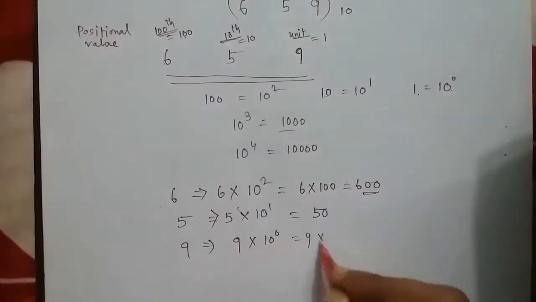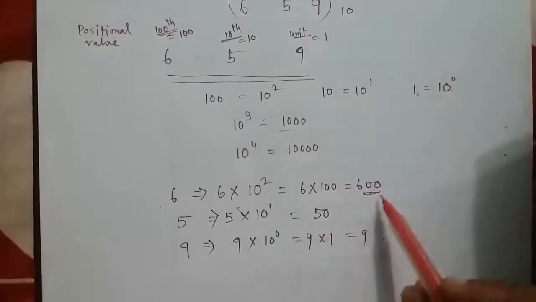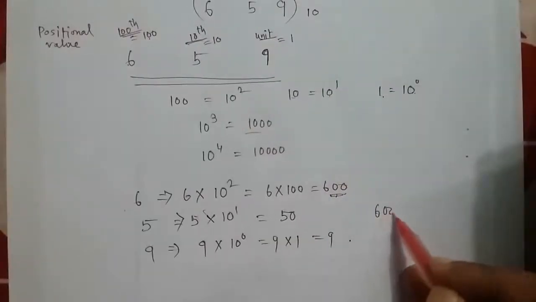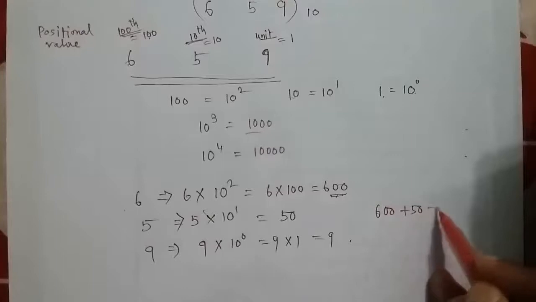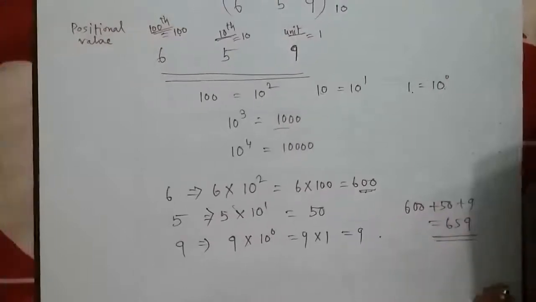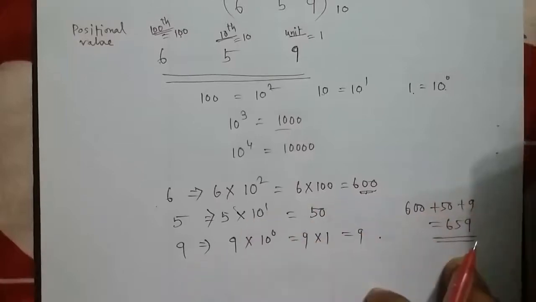That means 9 into 1, that is 9. So if you add these three numbers together, you will get 659, because 600 plus 50 plus 9 equals 659. So in this way, decimal numbers are obtained by adding the place value of every digit.